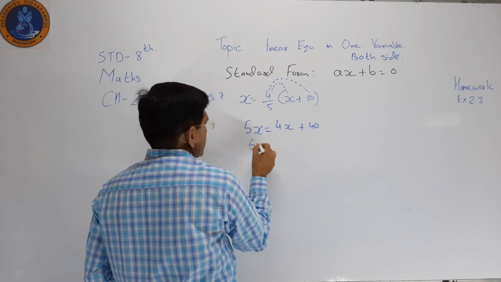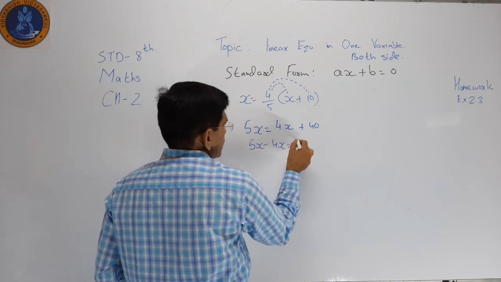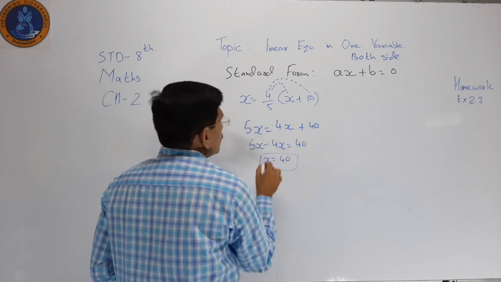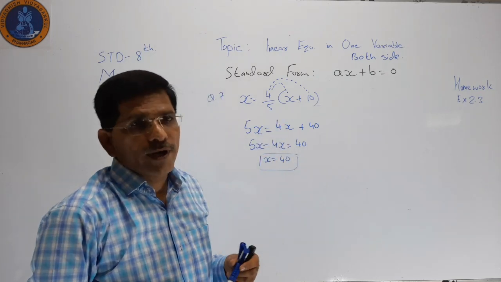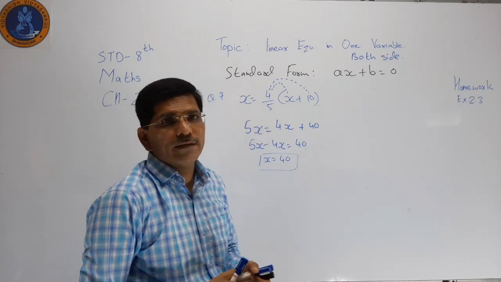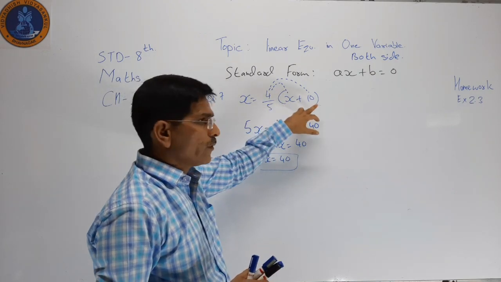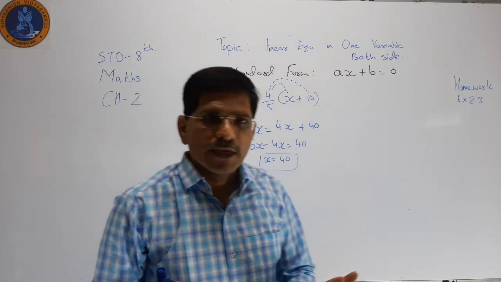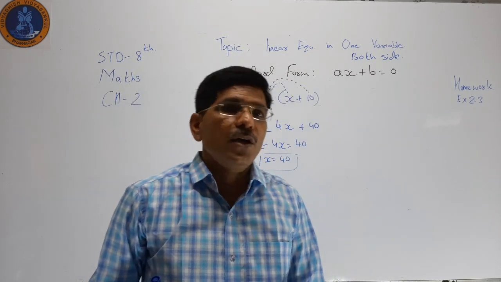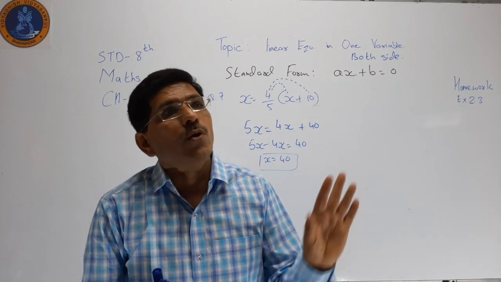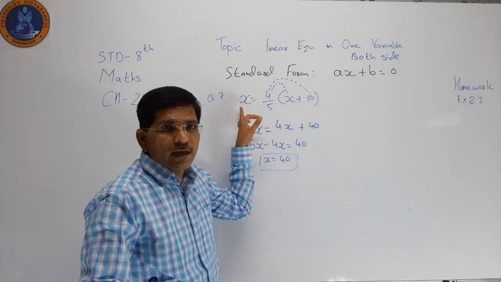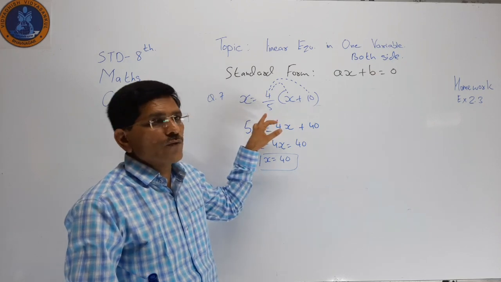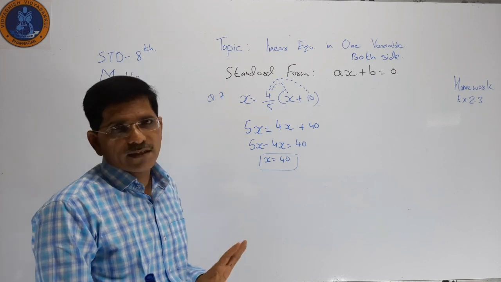So 5x minus 4x is equal to 40. Therefore x is equal to 40. Very easy sum. When a denominator is there, you cannot open it. We can do 4x plus 40, but 5 is not multiplied with each term because it is in the form of multiplication. So in multiplication, the denominator should always go into the numerator. Whenever equal to is there and a denominator 5 is there, we have to multiply 5 with x, that is 5x.